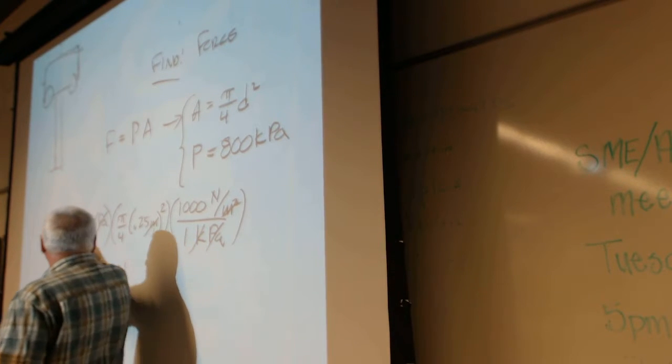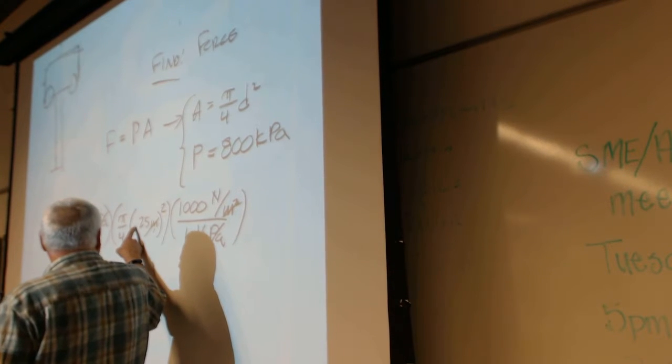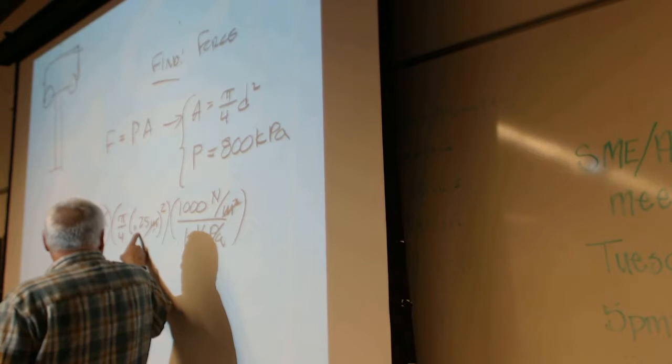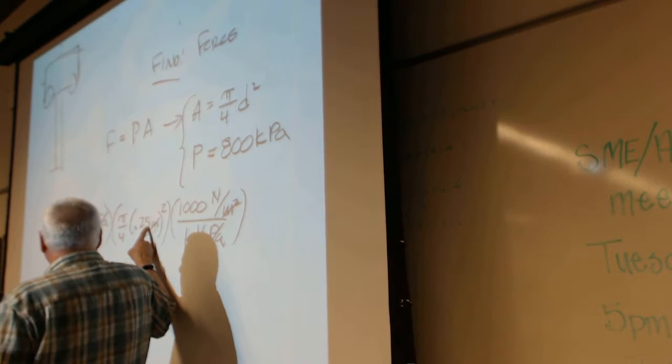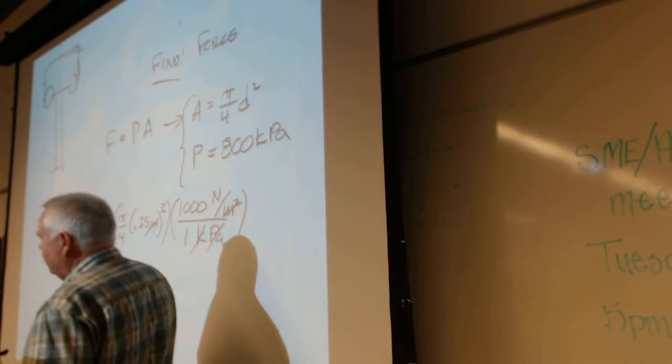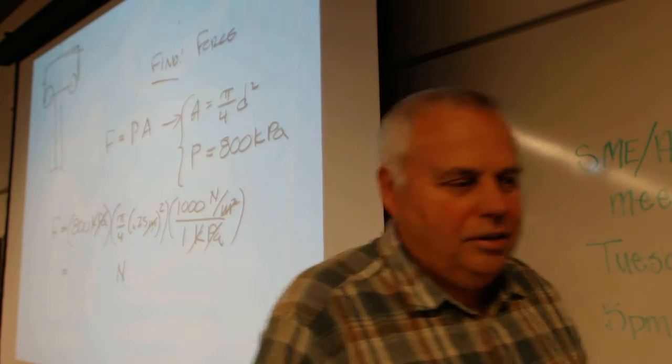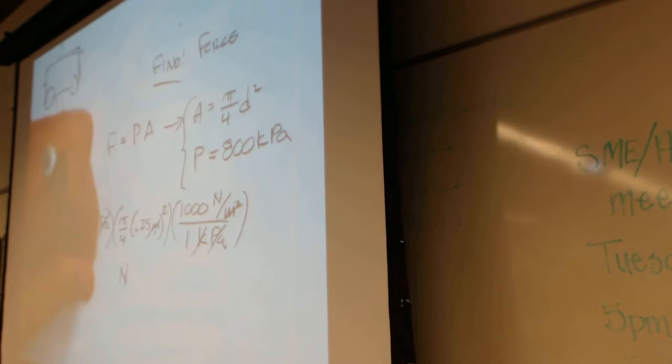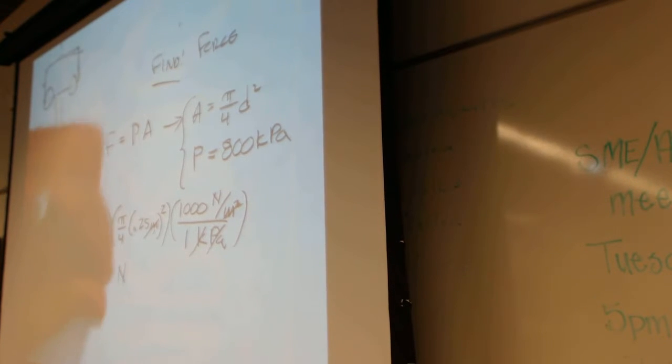So we got 100 there, so 0.06, and it's going to go 2, 6. 39,269.9. Mathematically precise.